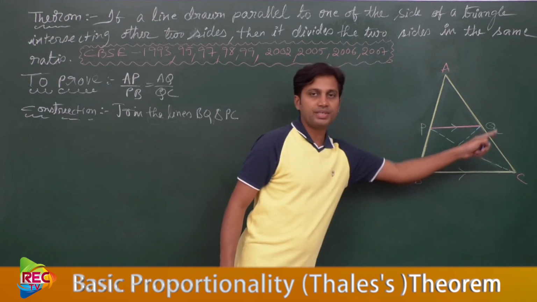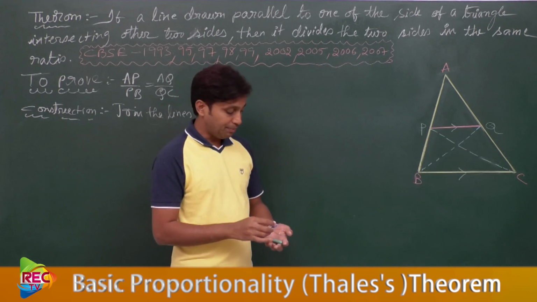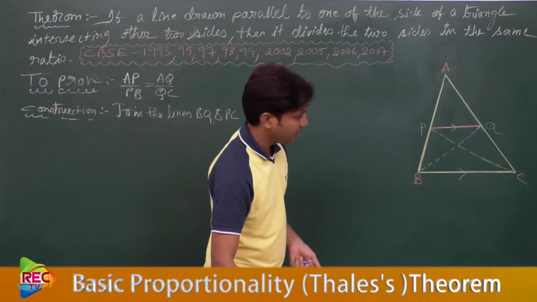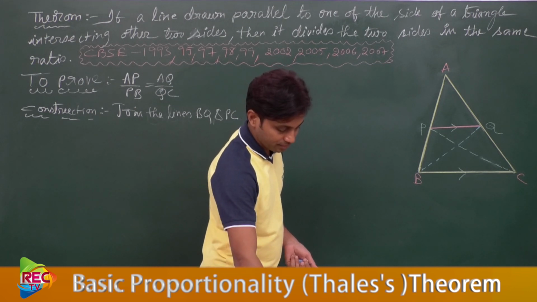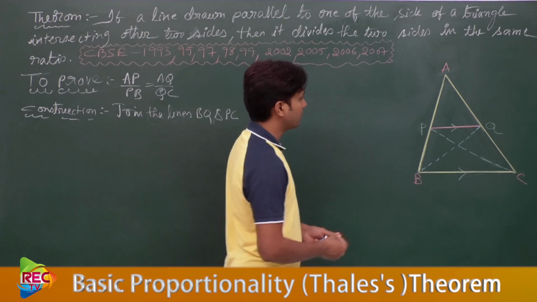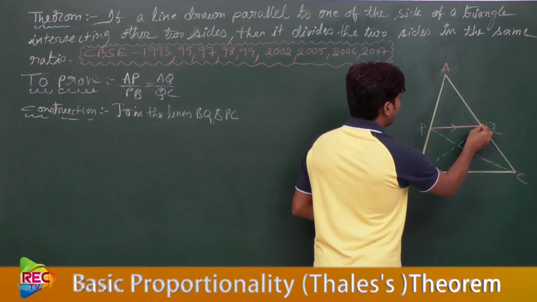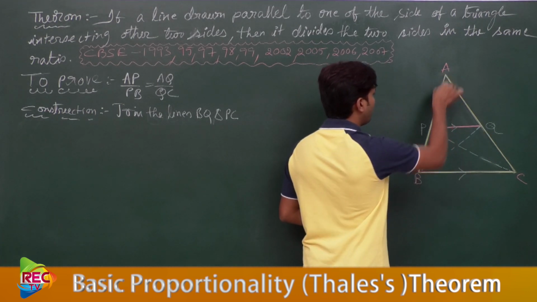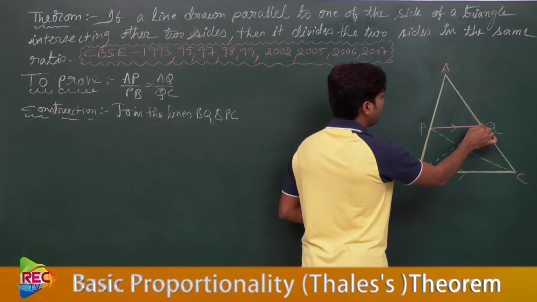Okay, BQ and PC are joined together. And let me do one more additional construction. Let us draw a perpendicular to AP from Q.